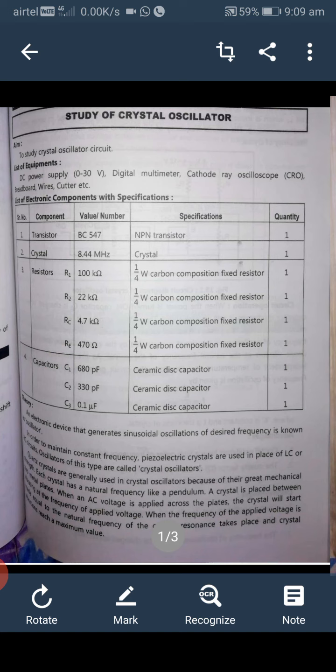When an AC voltage is applied across the plates, the crystal will start vibrating at the frequency of the applied voltage. When the frequency of the applied voltage is made equal to the natural frequency of the crystal, resonance takes place and crystal vibration reaches a maximum value.